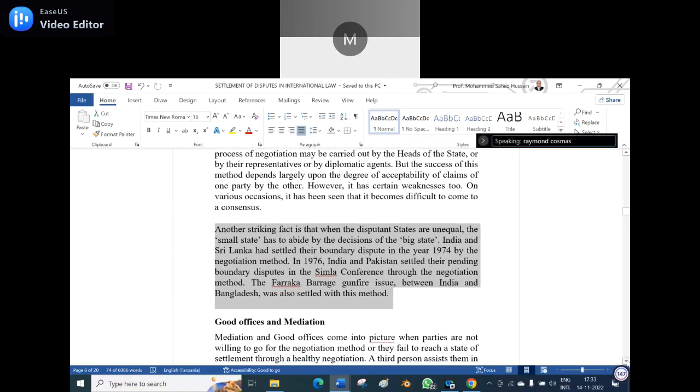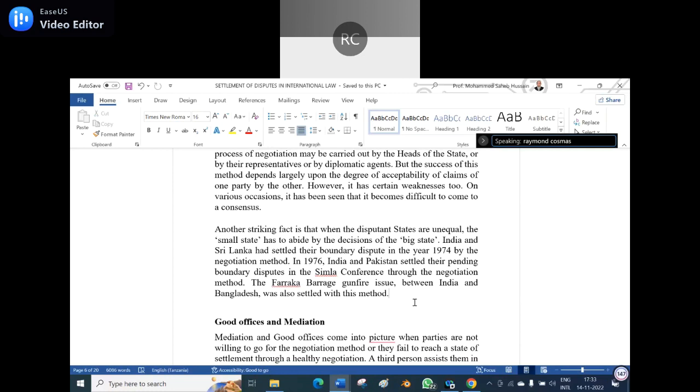Another striking fact is that when the disputant states are unequal, the small state has to abide by the decision of the big state. India and Sri Lanka settled their boundary dispute in the year 1974 by the negotiation method.